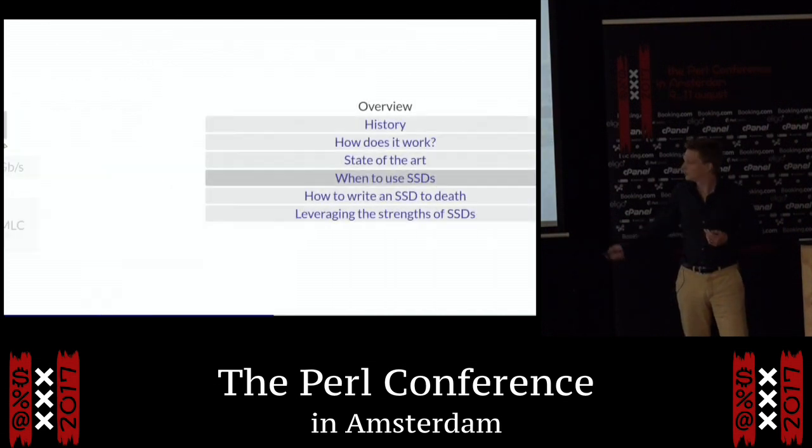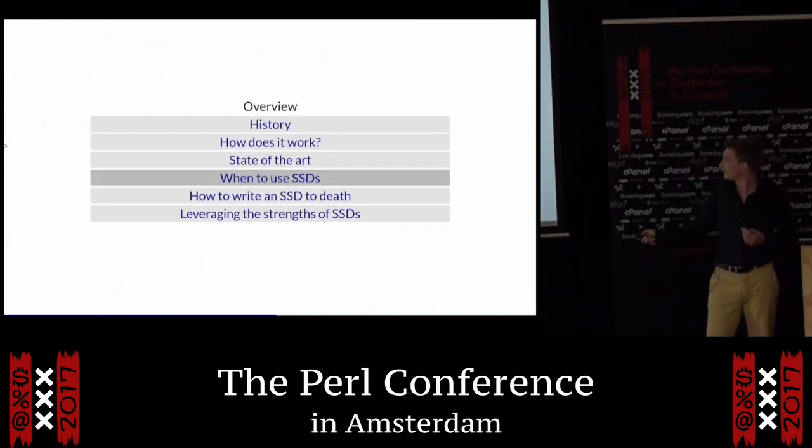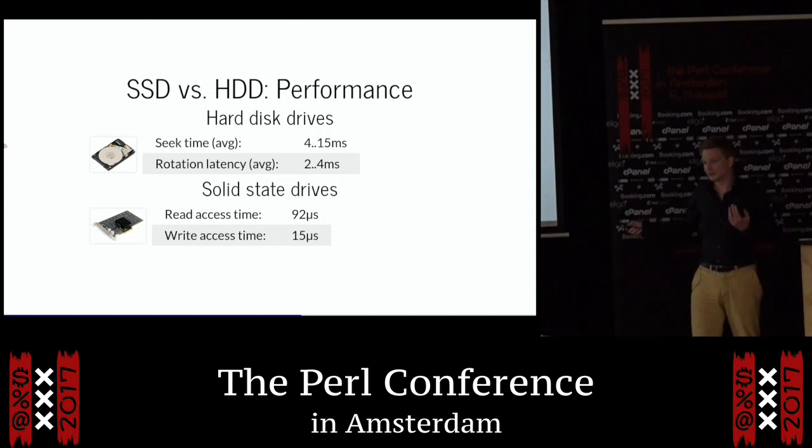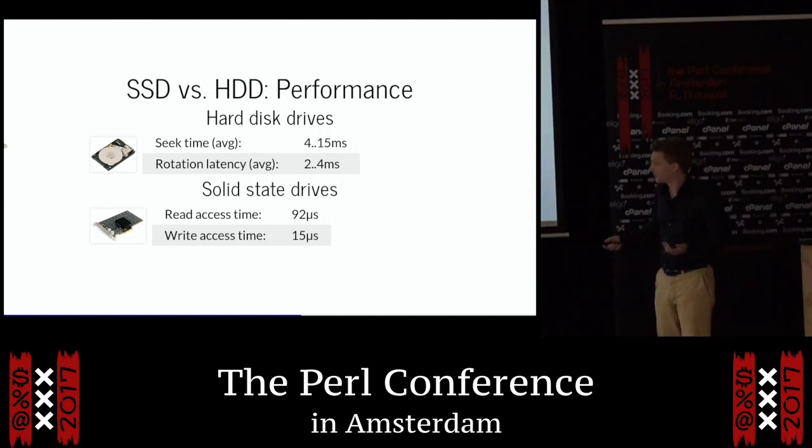And okay, I think let's skip over this one. So when to use SSDs? We already told you about random access. Access time is also an interesting performance indicator. On a spinning disk, you are physically limited by the moving parts.